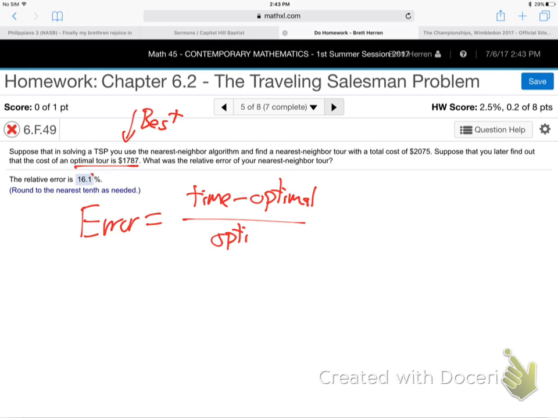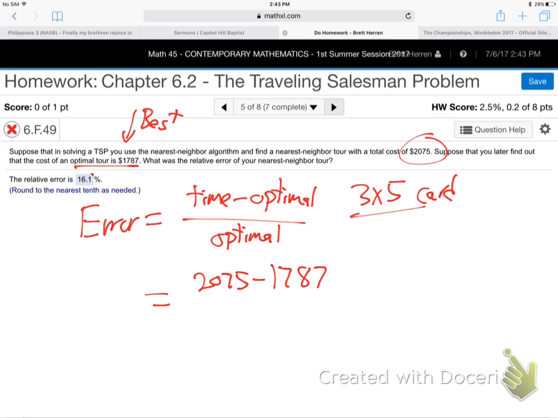So definitely want to put that in your 3x5 card for the test, because I'll ask you that. So what? Time or money, same thing. So our money was 20.75 minus the optimal 17.87 over the optimal 17.87.